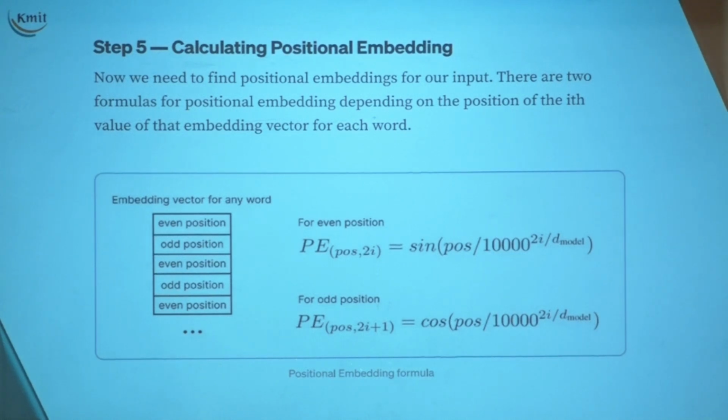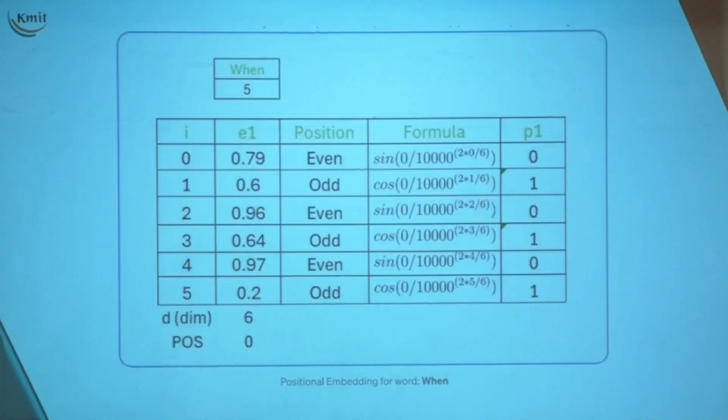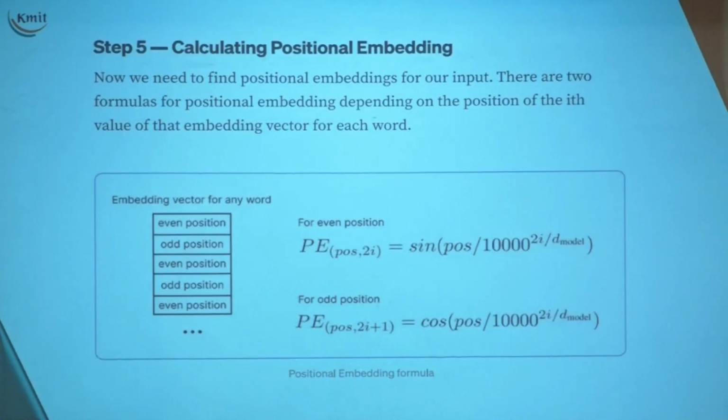How does a sine wave look? Sine and cos, you know about it, right? Odd and even position, sine and cos. The basic understanding. Okay, now look at this. I am calculating position encodings here for even and odd position vectors.